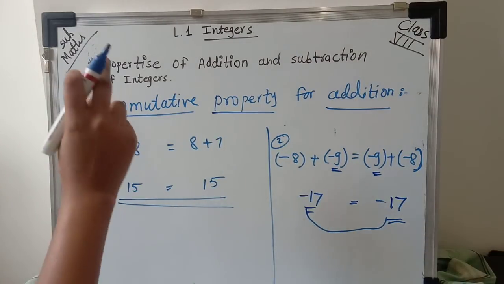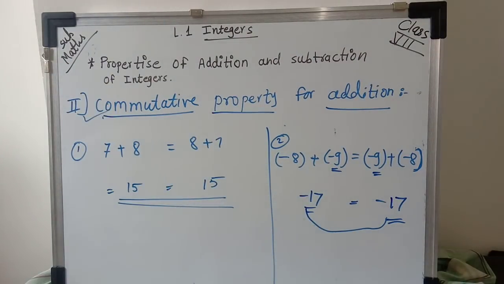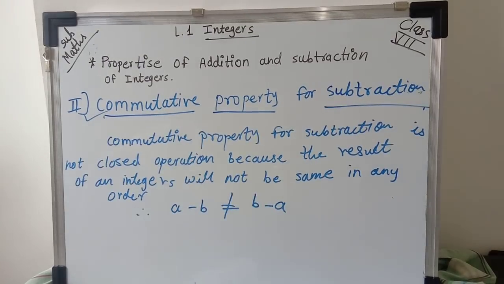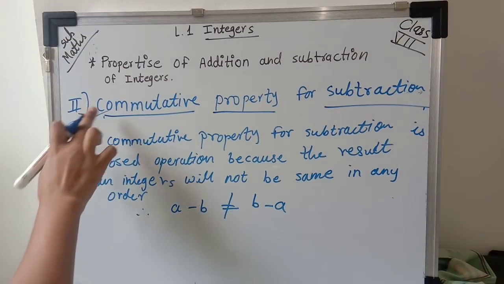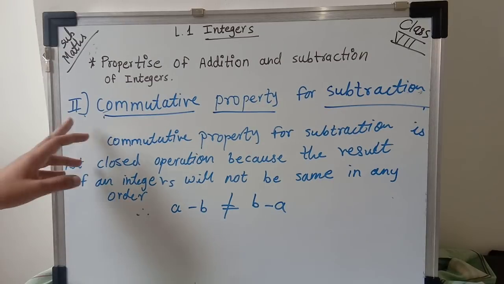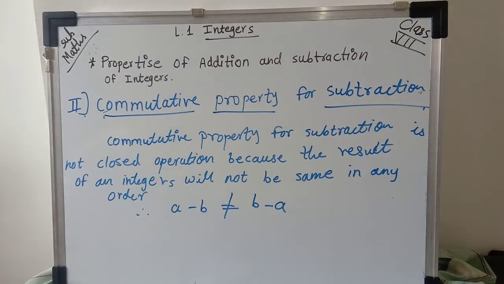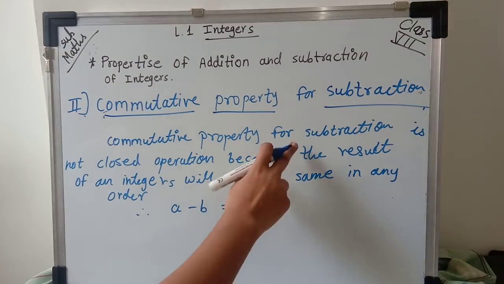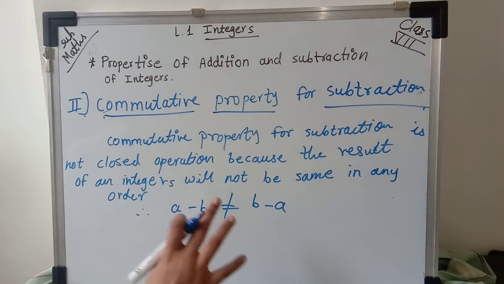Now let's see the same property for subtraction. Let's see whether after subtraction of two integers, after changing their order, we'll get the same value or not. Now here, the commutative property for subtraction is not satisfied. Why?